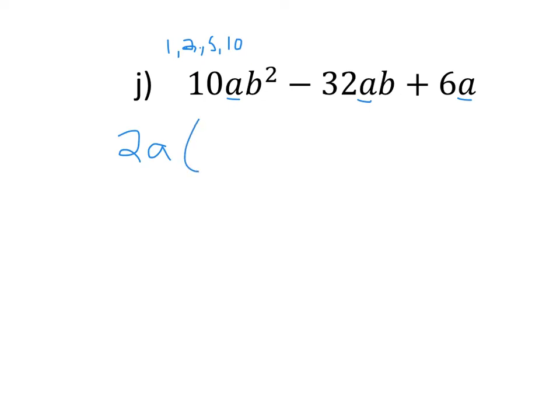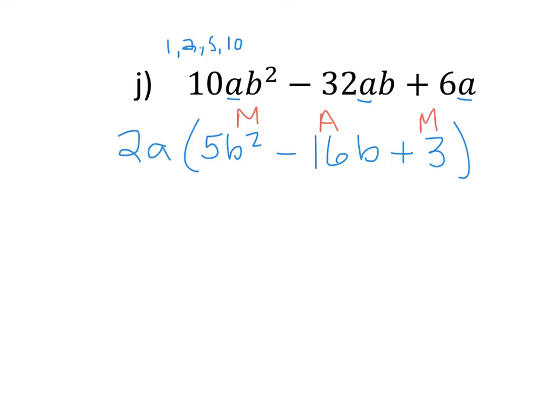On the inside, I'm left with 5b squared minus 16b plus 3. I have a trinomial, so I need to attempt MAM. And our leading coefficient isn't 1, so my goal here is to see if I can split the middle term.